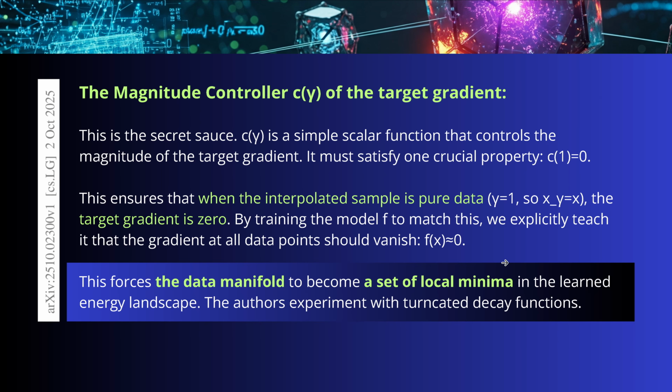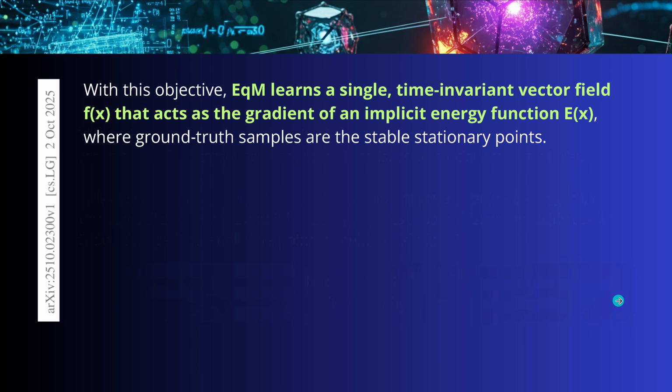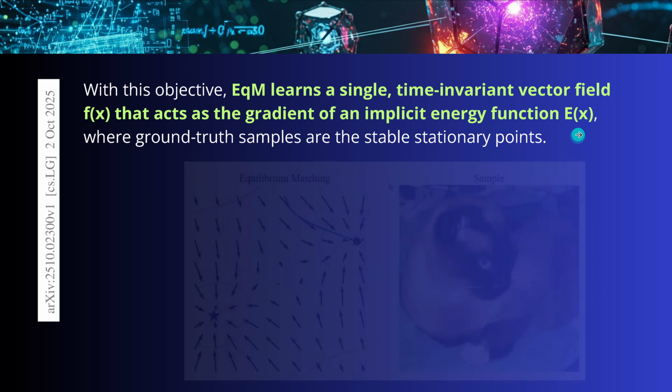This is mathematically non-trivial. If you come from theoretical physics and you work in quantum field theory, it is non-trivial. But it is beautiful. So, with this objective, EqM learns a single time-invariant vector field f(x) that acts as the gradient of an implicit energy function E(x), where the ground truth samples are the stable stationary points.